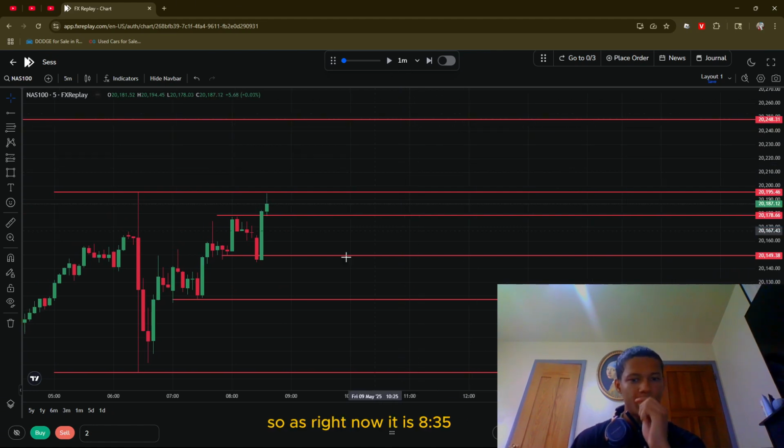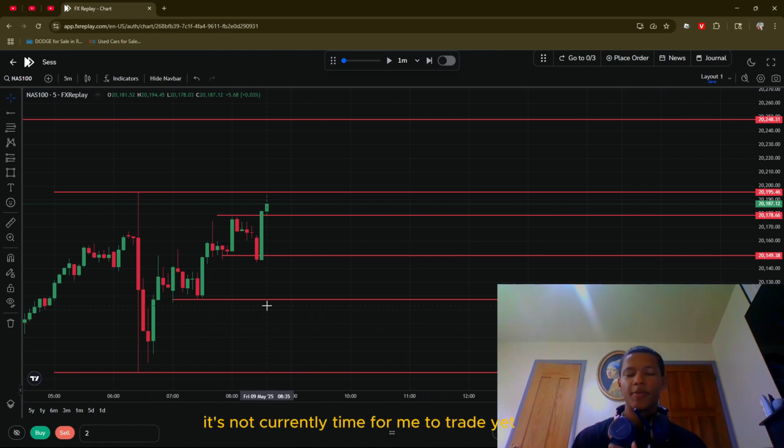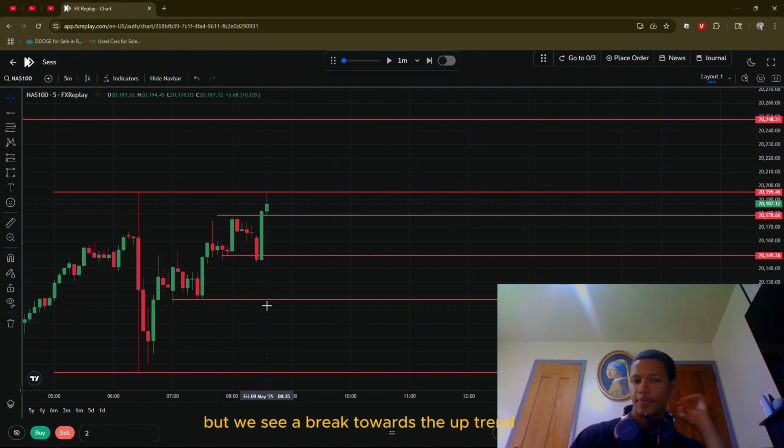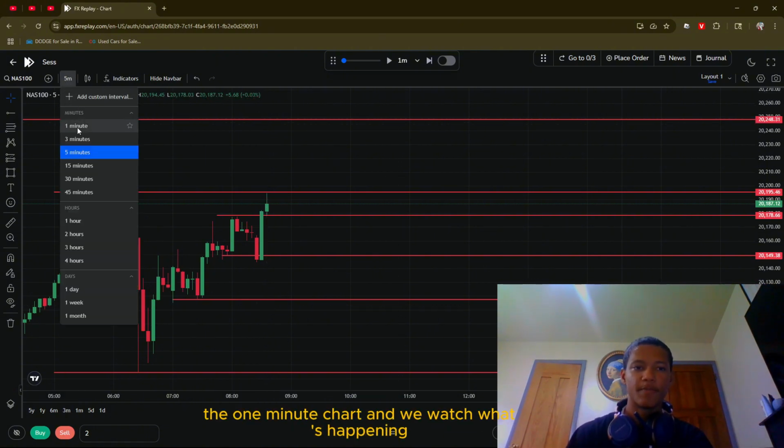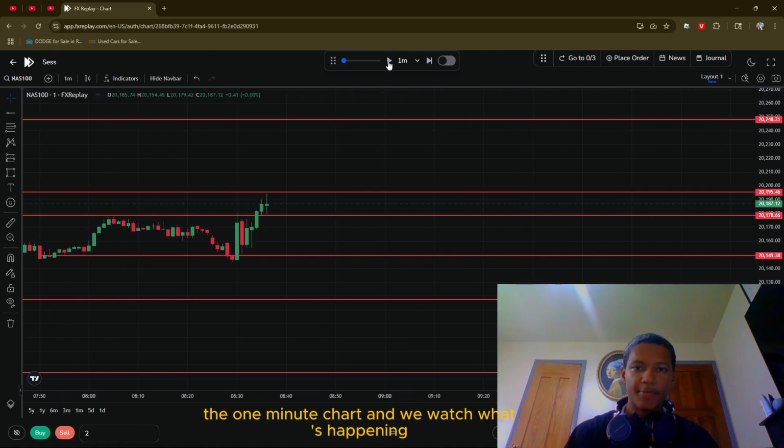So, right now, it is 8:35. It's not currently time for me to trade yet, but we see a break towards the uptrend. So I go down to the 1 minute chart, and we watch what's happening.